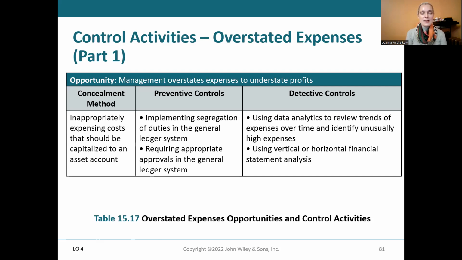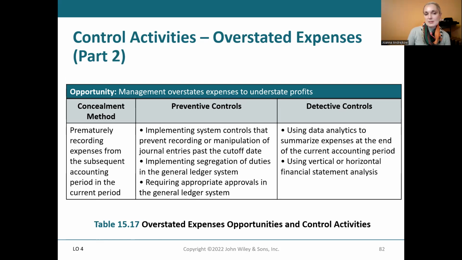To prevent this, you can have segregation of duties, so multiple people are involved in this process, and requiring appropriate approval in the system to make sure that all expenses are written properly and there is documentation for them. Detective controls: you can use data analytics to look at trends that show that expenses might be overly high. And then vertical and horizontal financial statement analysis.